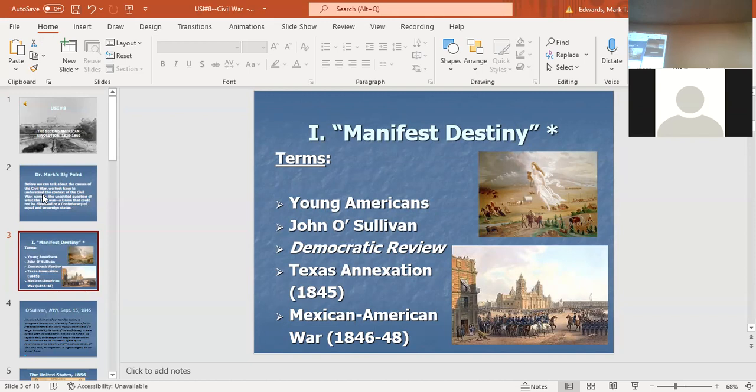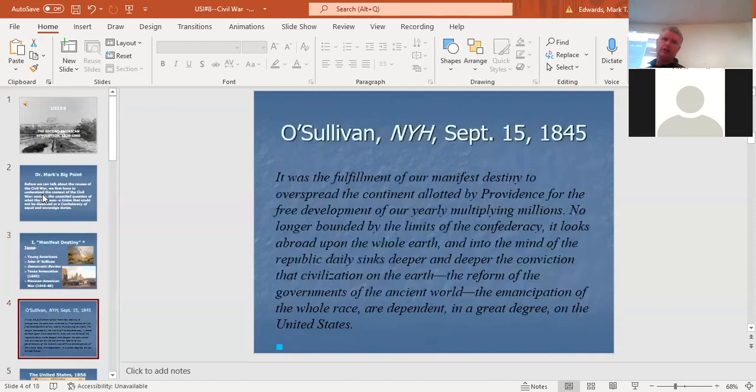And even the way that O'Sullivan talks about it, right? It was the fulfillment of our manifest destiny to fill up this continent. And he goes on to talk about how America is going to play this world-leading role. We're going to set an example for the rest of the world by the great freedom that we have here, right?